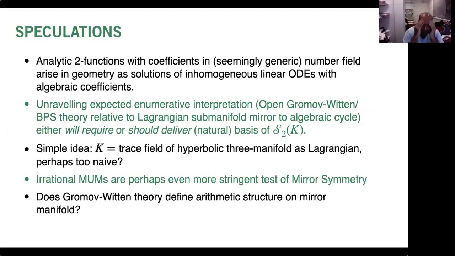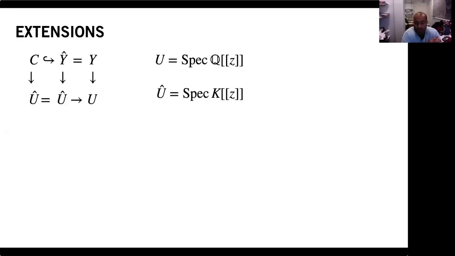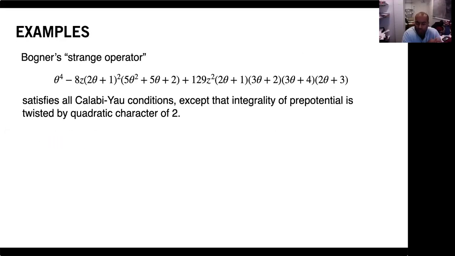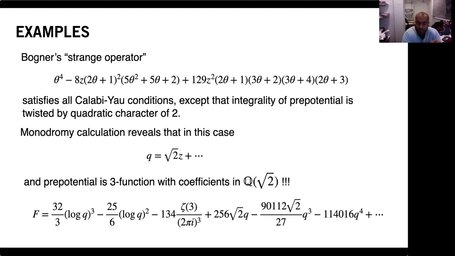So the much bigger question I have is, well, okay, let's start. The strange operator, the one whose coefficients were valued in, I forget, Q root 2 or Q root 5, are you saying that comes from geometry, an actual family of Calabi-Yau 3s? I think that should be true. I have no intuition for this.